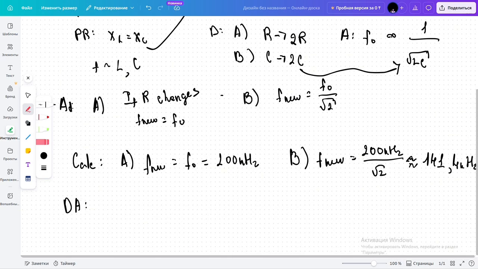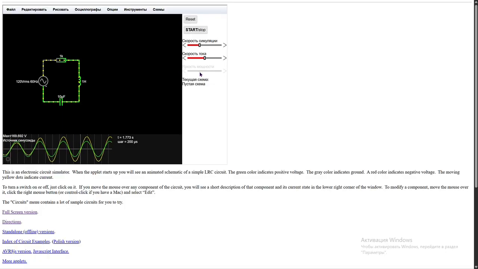So here you can see the simple Falstad circuit. I used an AC circuit, as it says in the given task, and I have a resistor, an inductor, and a capacitor, and I just put in random numbers, so it doesn't matter.